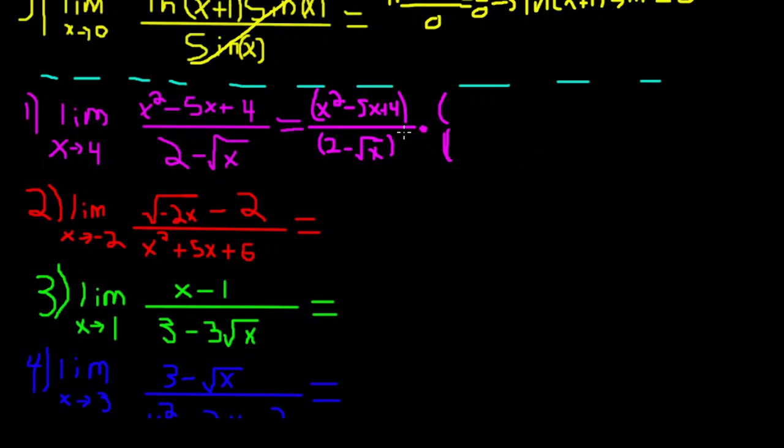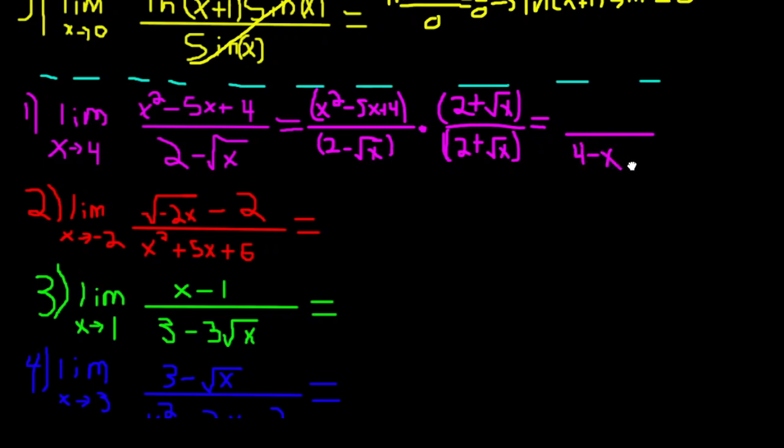So the difference of squares formula, remember, factors into x minus y times x plus y. So in this case, 2 plus square root of x. So we're going to multiply the top and bottom by that. And let's see, the denominator that gets us, right, difference of squares, so 4 minus x.